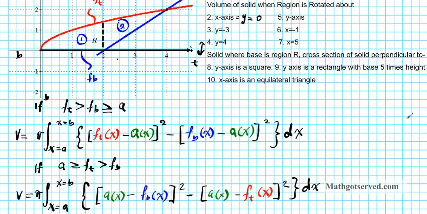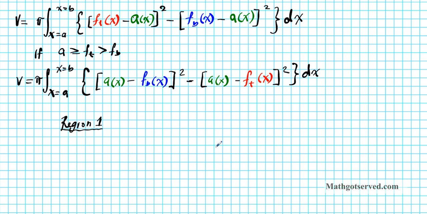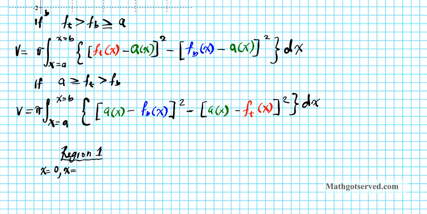So formula number 1. All right, so let's go ahead. Limits of integration for region 1: our lower limit of integration is going to be x equals 0, all the way to x equals what? Let's see, from x equals 0 to x equals 2.